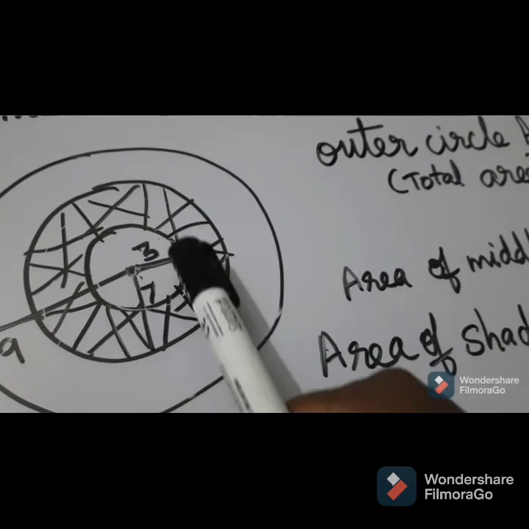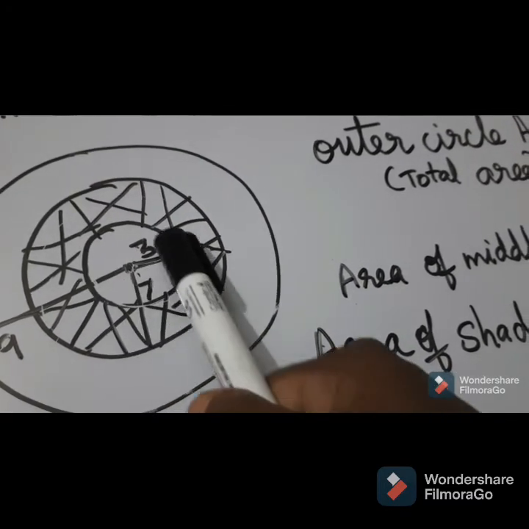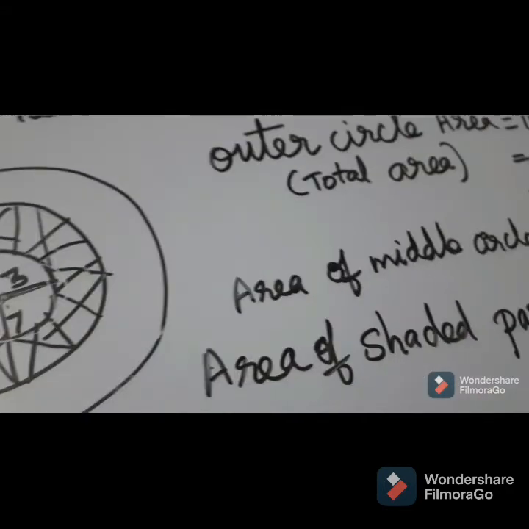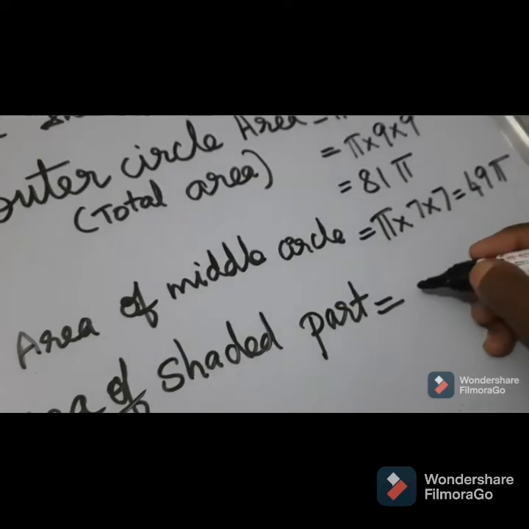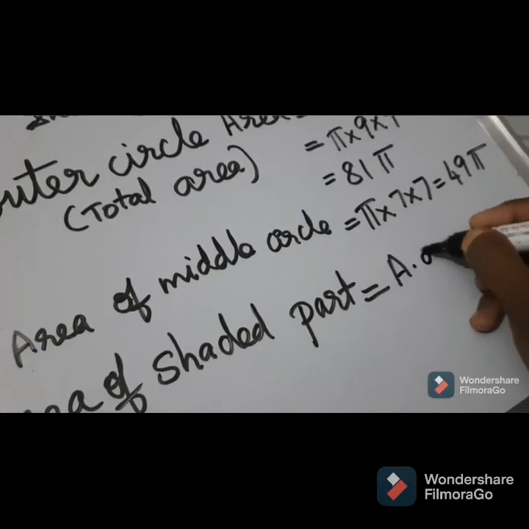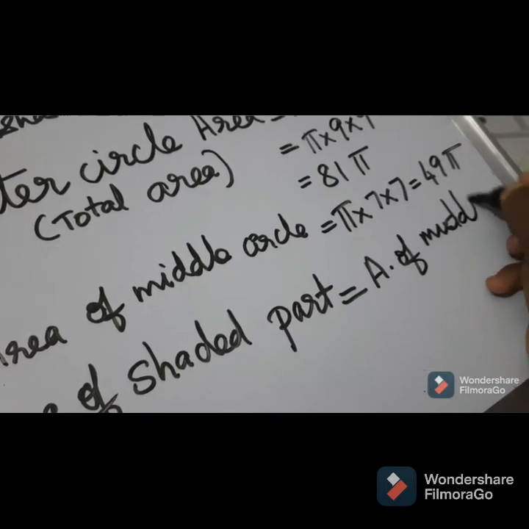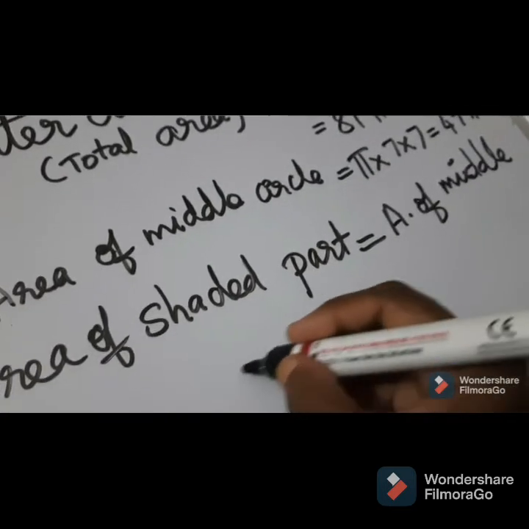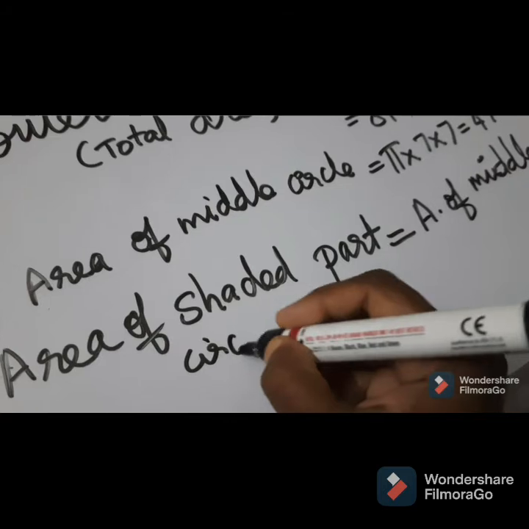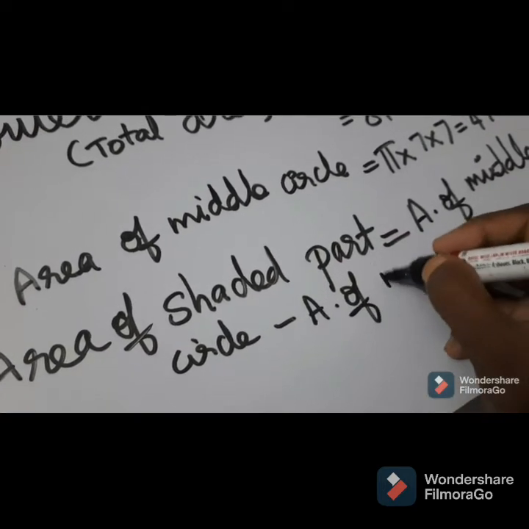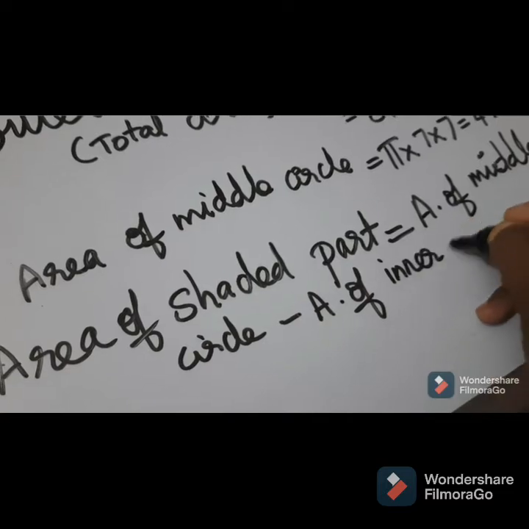Here there is no shaded part. So this area you have to subtract from the middle circle. That is area of middle circle minus area of inner circle.